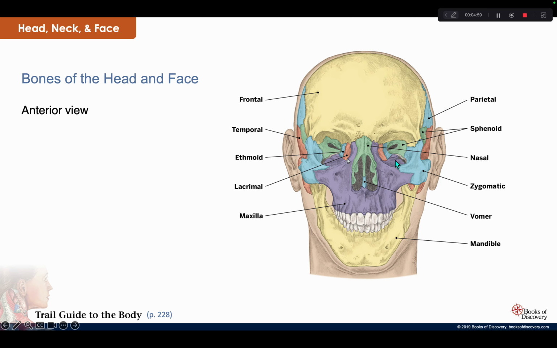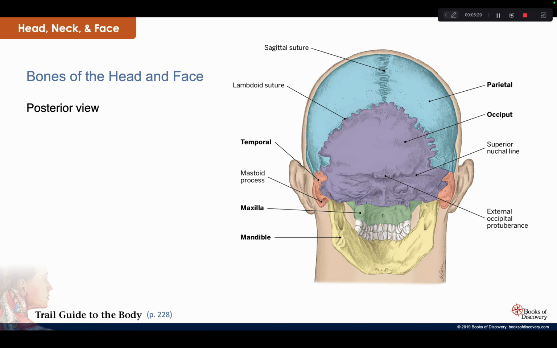Moving on to the cheekbones, the cheekbones are called the zygomatic. And this whole front of your face, around your nose, is the maxilla, this purple. Right below the nasal bone, there's a tiny little section called the vomer. And then last but not least, your jawbone, we call that the mandible.